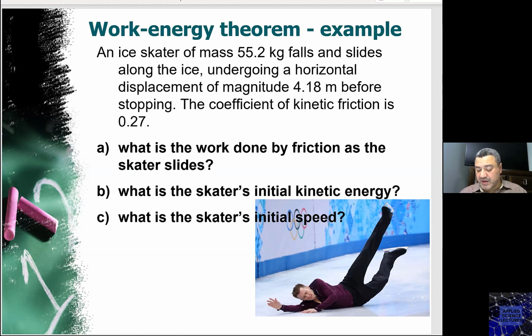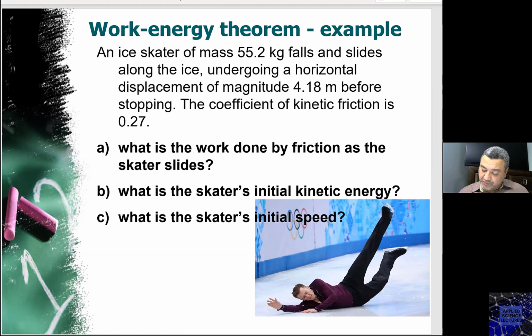So this is my displacement, the magnitude of my displacement vector. The coefficient of kinetic friction is 0.27. So this is my mu. What is the work done by friction as the skater slides?